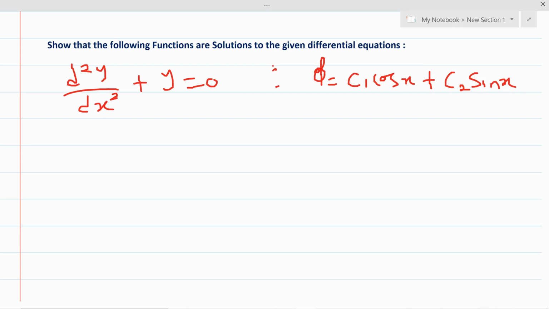Phi is a solution, so phi equals y, the unknown function. Wherever I see the second derivative, I have to differentiate phi two times.